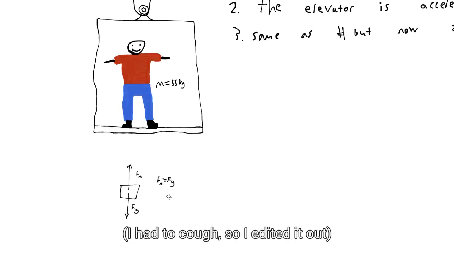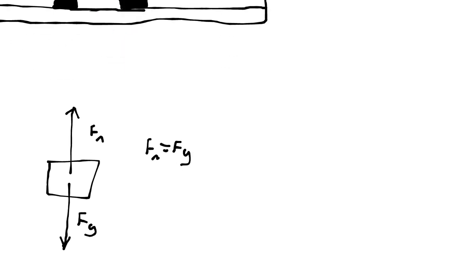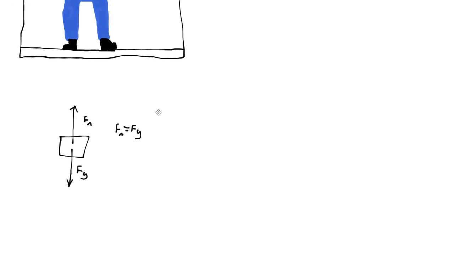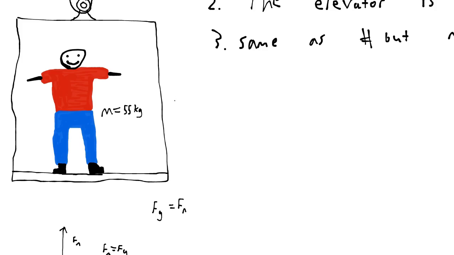Because we know this, we can find force of normal using the force of gravity. One thing before I do that, I have to set a direction. I'm going to set up to positive.